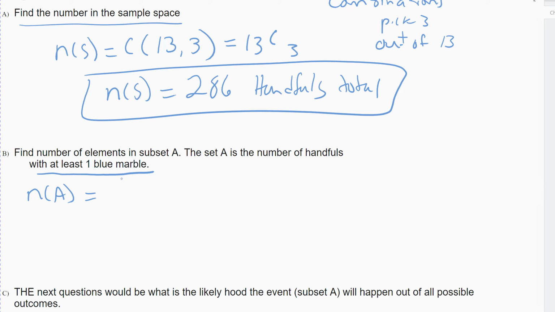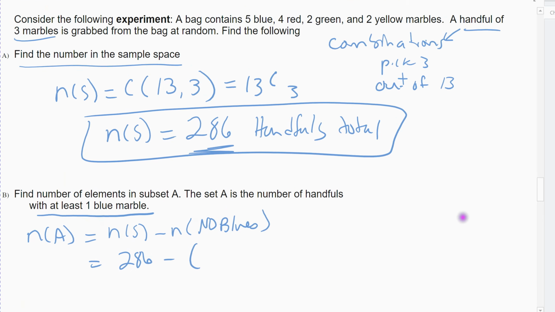I'm actually going to use the complement because it's easier: the number in my universal, which I have, minus the number of cases I don't want. The complement of getting at least 1 blue is no blues. I already know my universal is 286. So how many ways are there to get no blues?